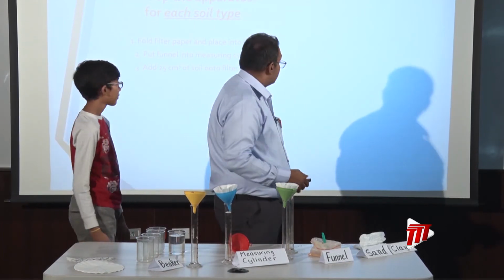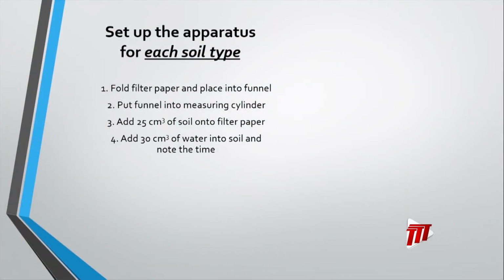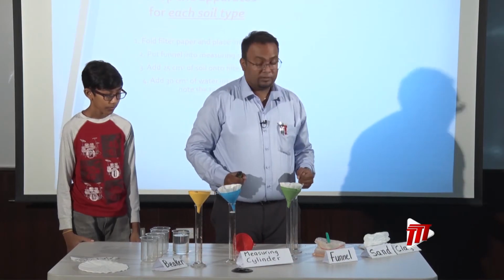So we're going to look at measuring water. What we are going to do now is measure out the water samples, and we would pour them in and look at how they drain.